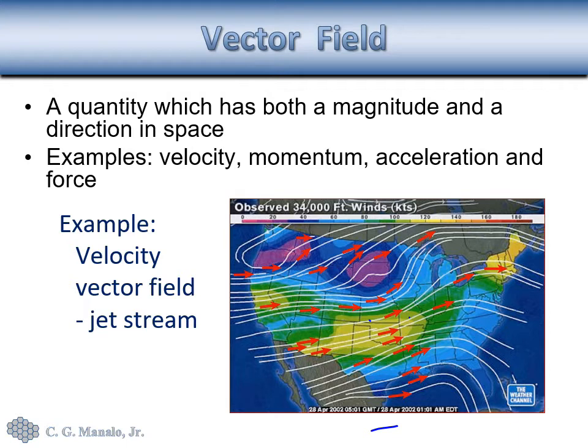So at every point, there is a magnitude and a direction as well. So let's say in this point, the magnitude is given and it has a certain direction. And let's say at this point, it has also a magnitude and a specific direction.